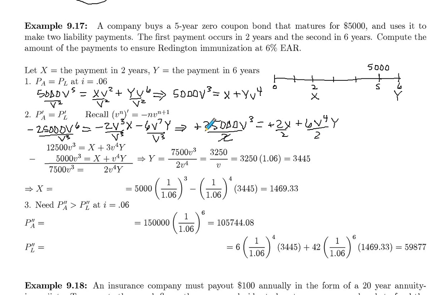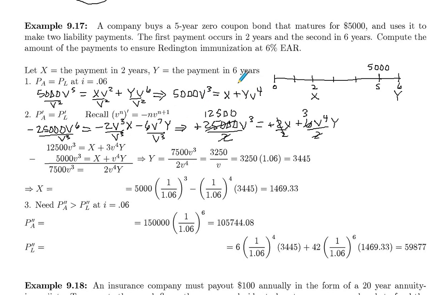So 2 goes into 25,000, that'll be 12,500. These 2's cancel, and here 2 goes into 6 3 times. So now we've got a system of 2 equations and 2 unknowns. So this second equation can be written as 12,500 v cubed equals x plus 3v to the 4th y.